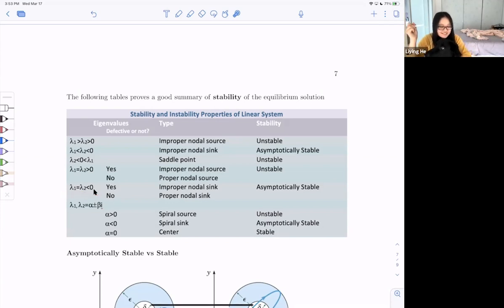Now you decide if it's defective or not. You guys said it's defective, so it's going to be an improper nodal sink. So this one, okay? Any questions? You didn't get the same thing? Oh, do I need to? Okay, then I'll do it using a matrix calculator because I don't think I can do it right now.